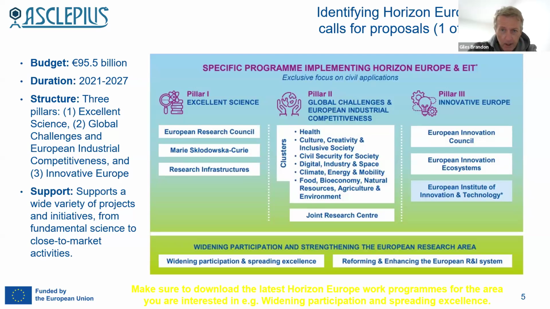Now, if you're interested in any calls for proposals in Horizon Europe, it's written here in rather difficult to read text in yellow: make sure to download the latest Horizon Europe work programs for the area you are interested in. So for example, the latest widening participation and spreading excellence work program.